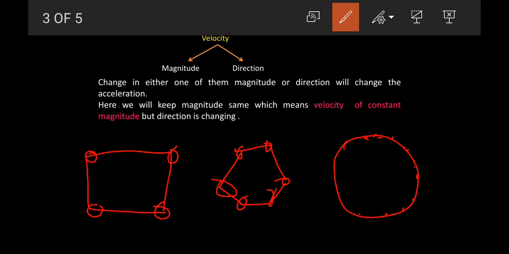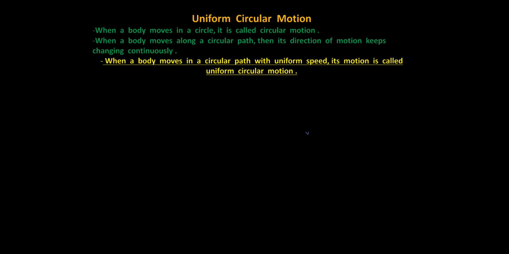So what you can say is, if a body is moving in a circular path with uniform speed, then its motion is called uniform circular motion. Though the motion is accelerated, because at every point of the circle the body is changing its direction.